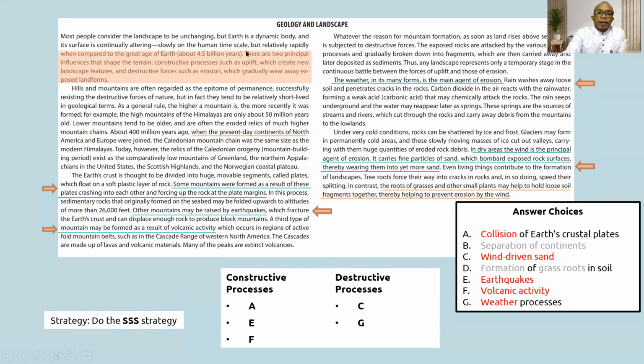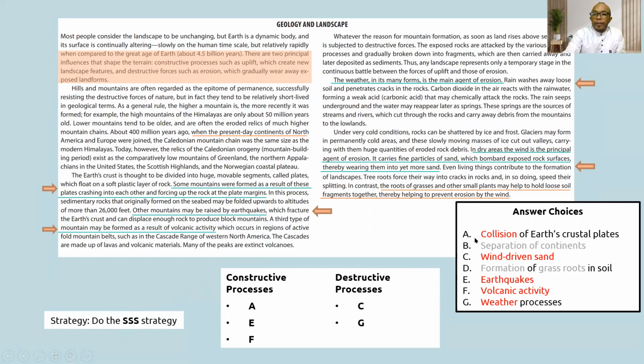So you can find what they mean so that you can understand what to look for from this part. Now, once you know what constructive and destructive processes mean, you can then try to triple S all of the options here to make sure they are in the right category.